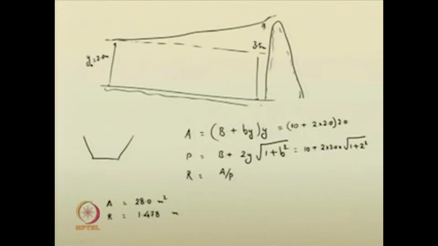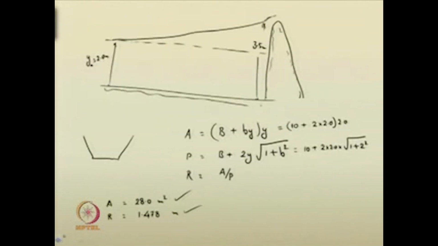So, therefore, the uniform flow is given for y n is equal to 2 meters, Q is equal to, therefore, 1 by n, A R to the power of 2 by 3, S naught to the power of half. At the normal depth, the area A is 28 meters squared, hydraulic radius R is equal to 1.478 meter.